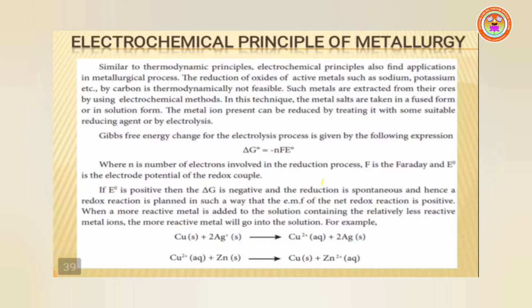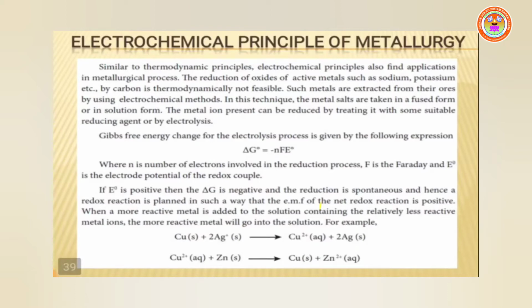The equation for the precipitation or displacement reaction is Cu plus 2Ag plus gives Cu2 plus plus 2Ag. Here copper is more reactive, so it will precipitate the Ag plus ion of the silver solution into silver metal.